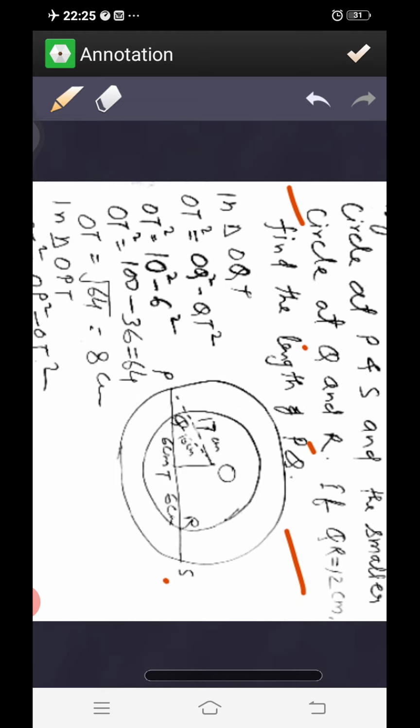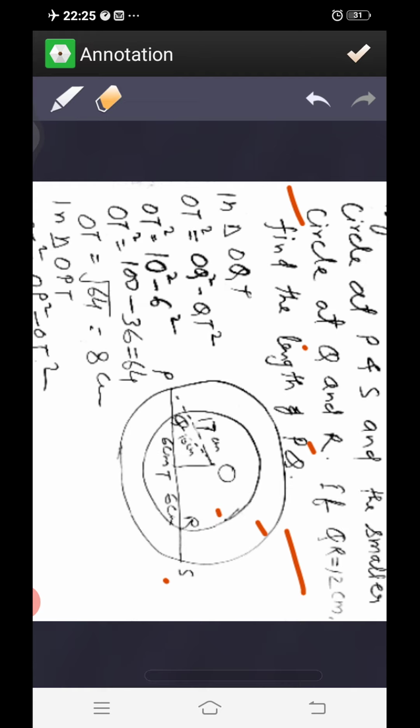We can see that these are the two concentric circles drawn. Here the center of both is O. The radius of the smaller circle is 10 centimeter and the radius of the greater circle is 17 centimeter. Then QR is given 12 centimeter.